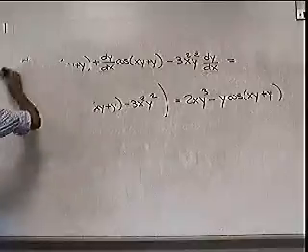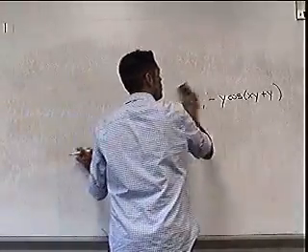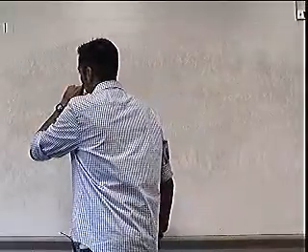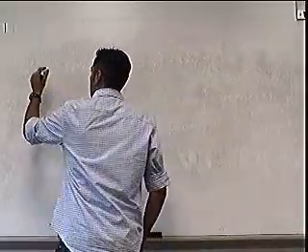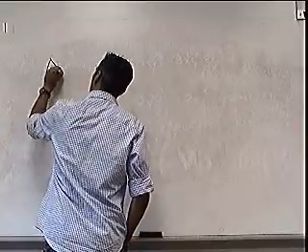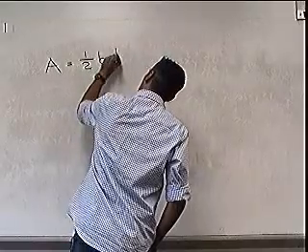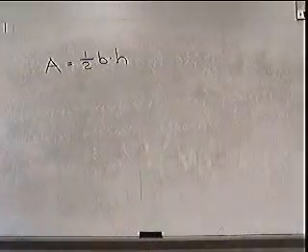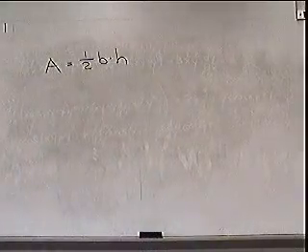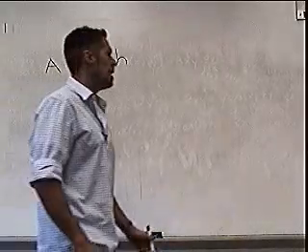Now, I'm going to do another problem here to show you kind of where we're headed. All right. Does anybody recognize this formula? That's the area of a triangle, if you know its base and its height.